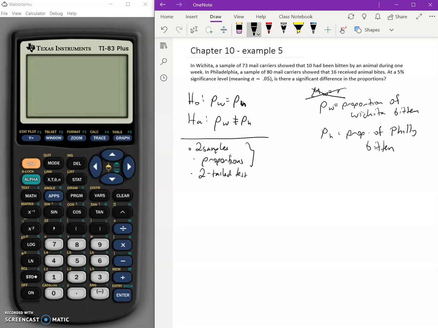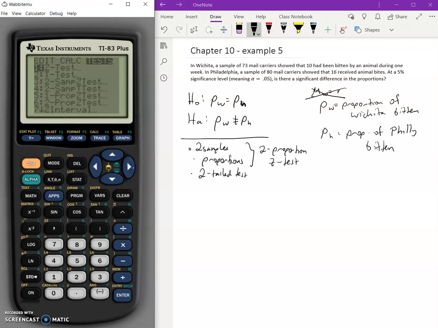But once we know that it's two samples to proportion, then we're going to use a two-proportion z-test. Because remember, proportions, those form a normal distribution, so that's why they're z's. So if we turn on our calculator, we go over to stat, we go right over to tests, we go down to a two-prop z-test, press enter. Now we enter in our data.